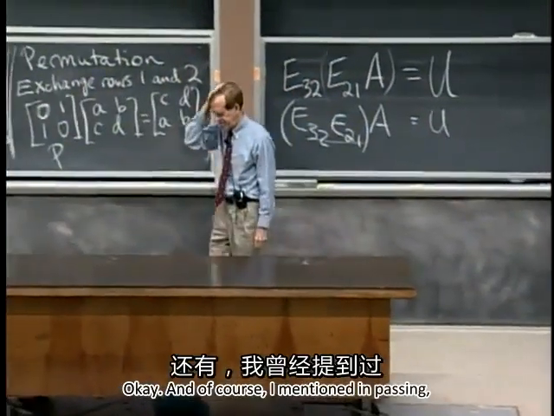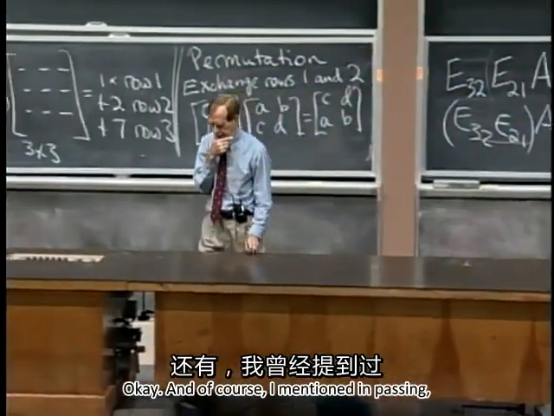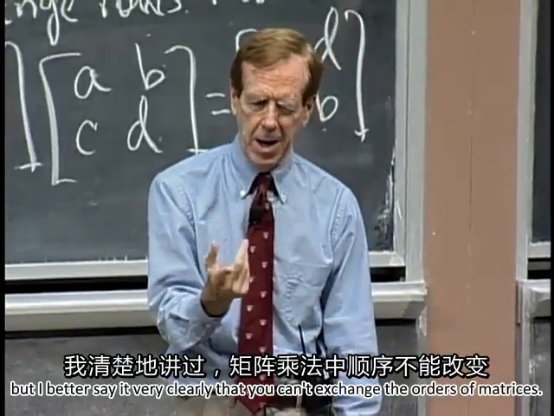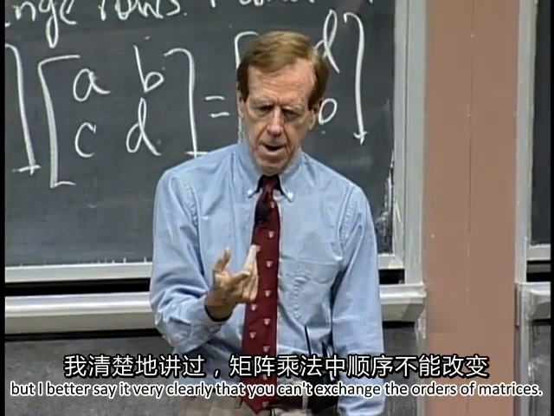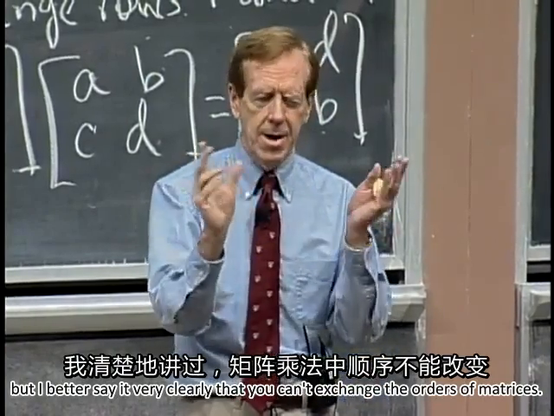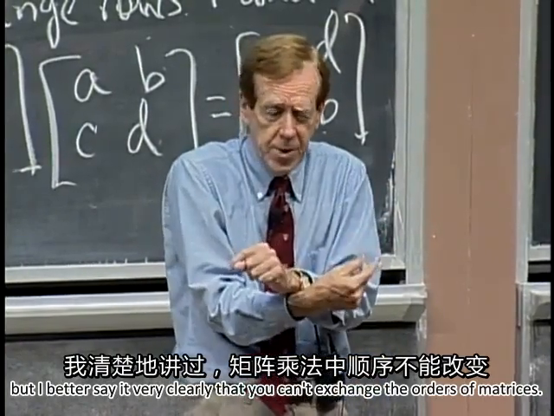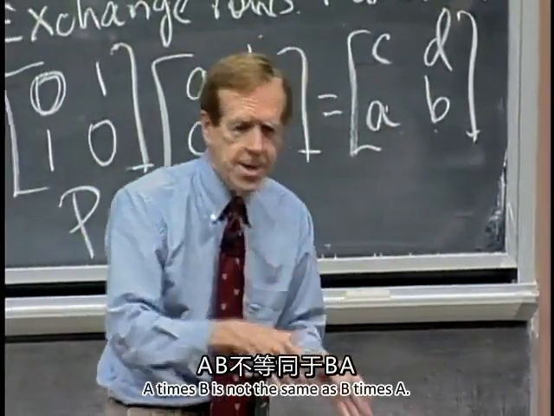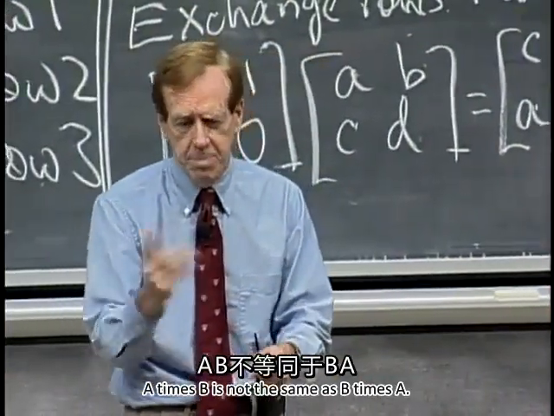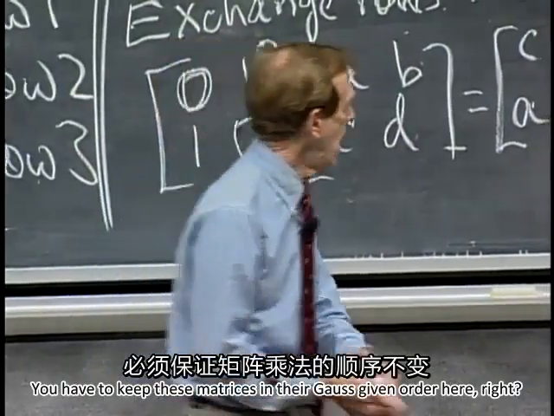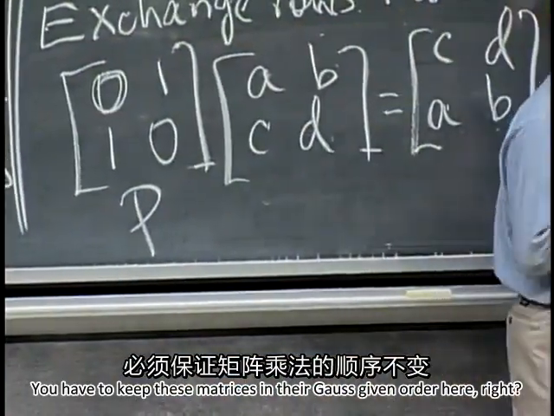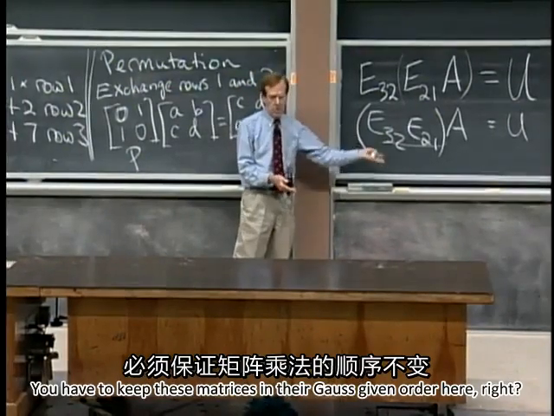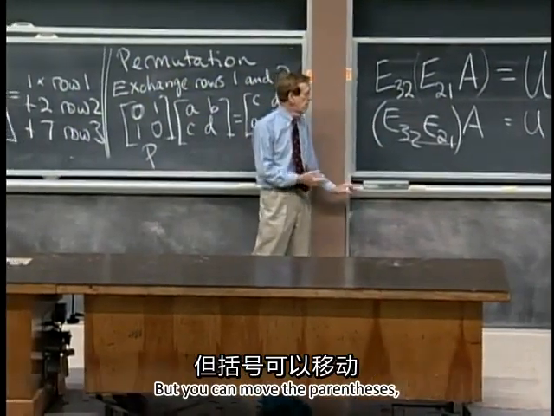And of course, I mentioned in passing, but I better say it very clearly, that you can't exchange the orders of matrices. And that's just the point I was making again here. A times B is not the same as B times A. You have to keep these matrices in their Gauss-given order here, right?